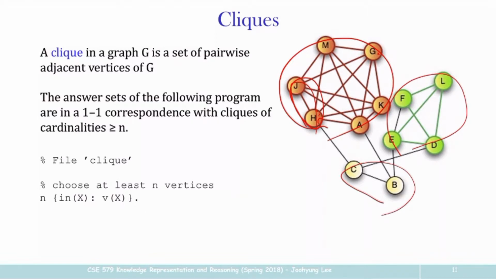And you're selecting how many? n. n is just a fixed number, so you can say n equals 3. That means choose 3 vertices that belong to the in predicate.